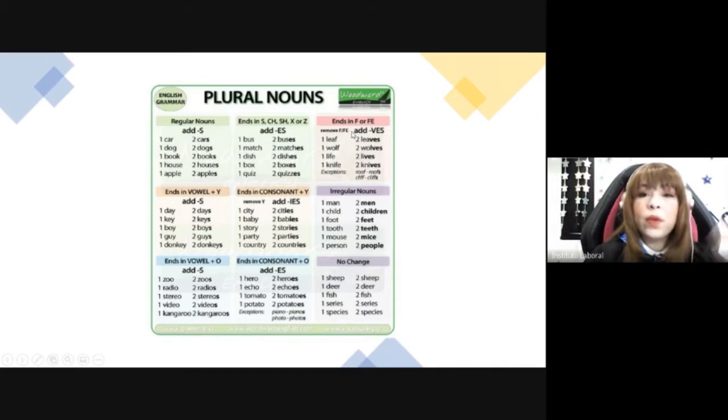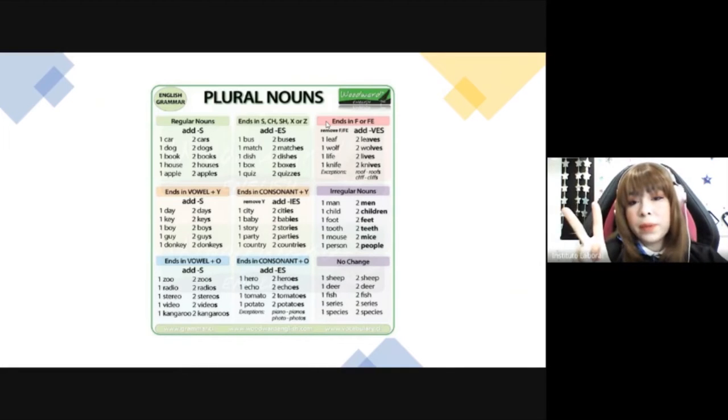What happens when the word ends in an F or FE? We have to switch. We replace the F with a V and then add the extra syllable. Then you say one leaf, two leaves, one wolf. Woo! Yes, the animal. The noun ends in an F. So we replace the F with the V and then you say two wolves.